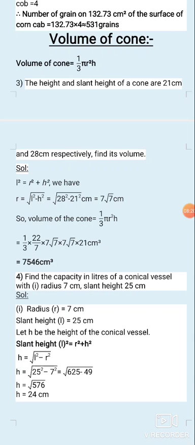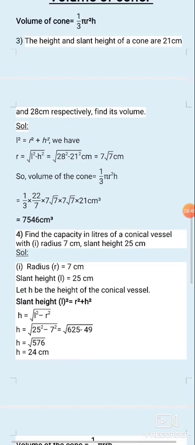Let H be the height of the conical vessel. So slant height L square is equal to R square plus H square. So H is equal to square root of L square minus R square. That is square root of 25 square minus 7 square. What? 576. So H is equal to square root of 576, which is equal to 24 centimeter.